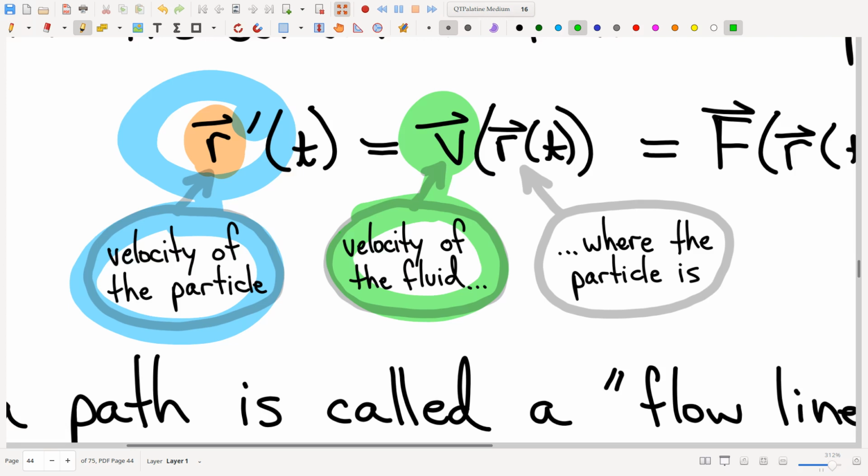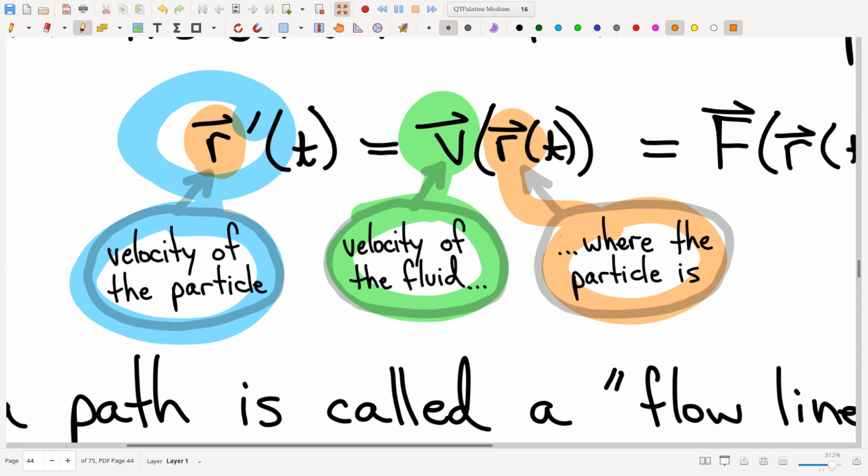If I'm a bay leaf floating in the water, what the water is doing at the point where I am, no pun intended, that velocity of that water is the water that's pushing me. So specifically, here it is. Wherever the particle is, the velocity of the fluid where the particle is, that's what the velocity of the particle has to be.